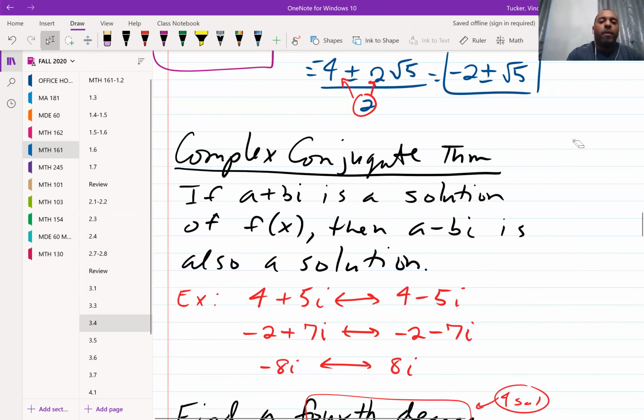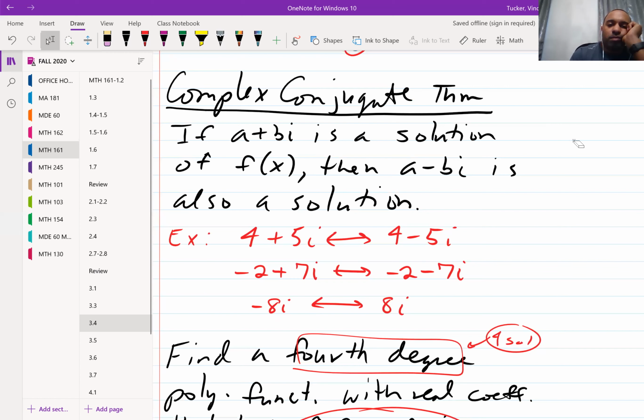All right. So next thing is the complex conjugate theorem. It just says that if a plus bi is a solution of f of x, then that means a minus bi is also a solution of the function. So here, just examples in the red, just examples of complex conjugates.